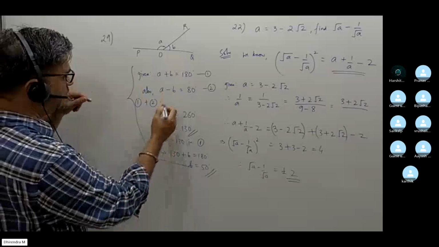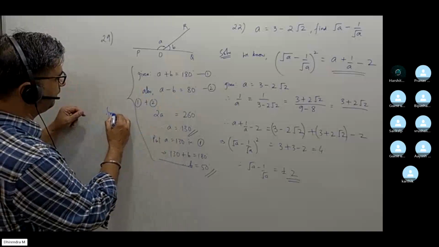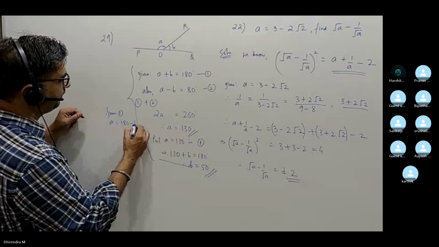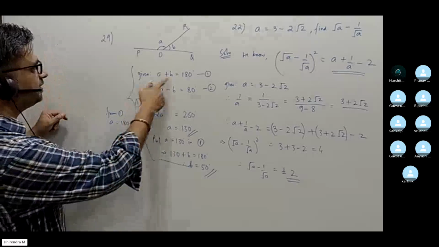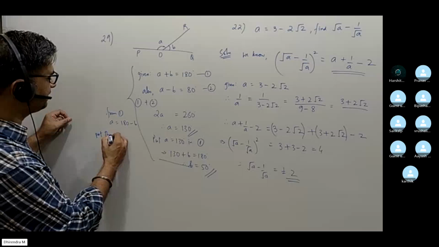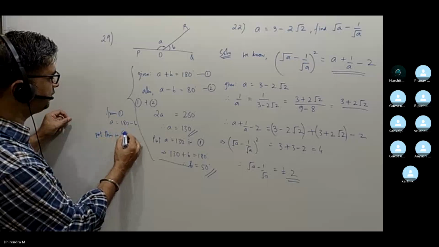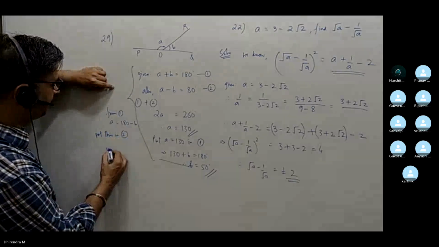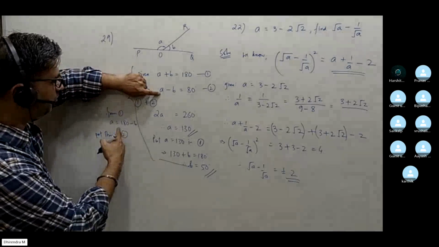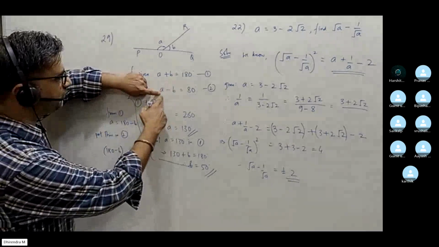If you're confused, do this. From 1, A is equal to how much? 180 minus B. Yes, A is equal to 180 minus B. Put this in equation 2. So what do we get? 180 minus b. That's the value we have put for a.